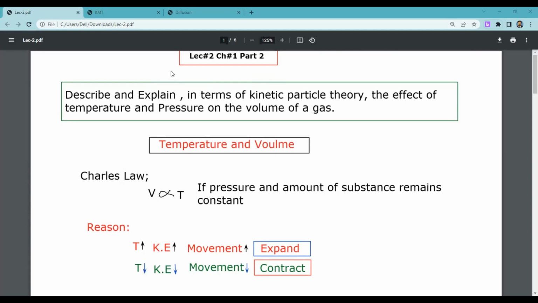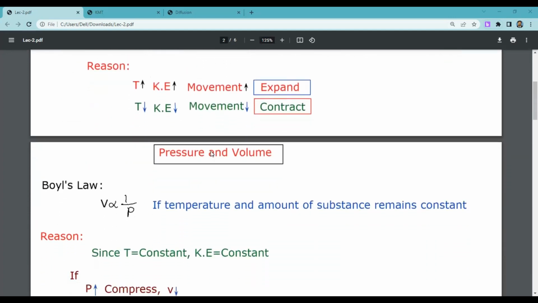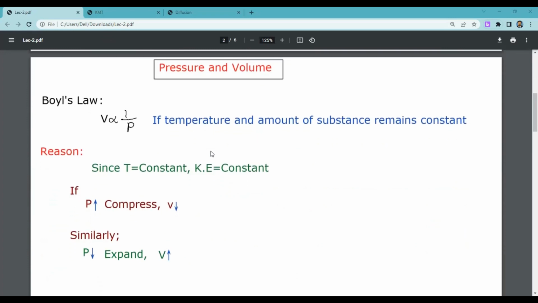Next, we see the effect of pressure on volume. The relationship between pressure and volume is explained by Boyle's law.